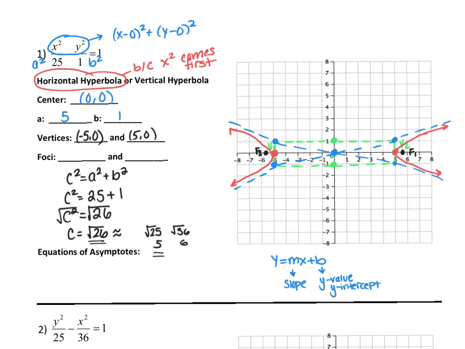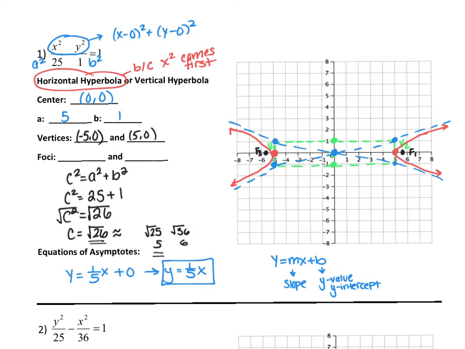So if we take a look at this equation going this way, this line, the y-intercept is clearly 0, so b will be 0. And to get the slope, we just go rise over run. So I'm rising 1 and going right 5 to get to this point. So my slope is up 1 over 5, x plus 0. So that is really y equals 1/5 x.